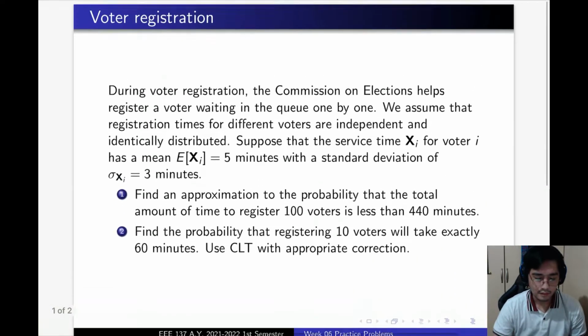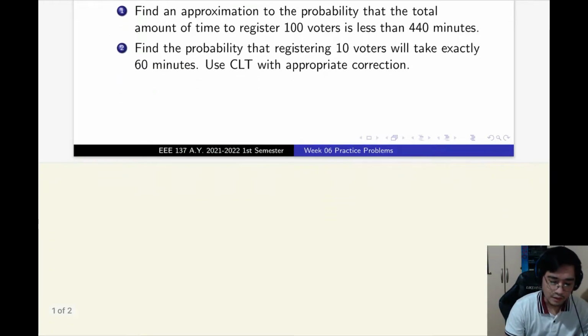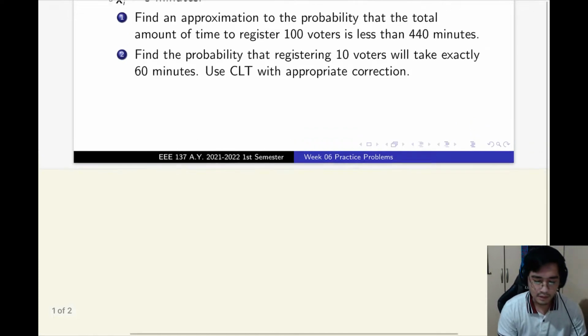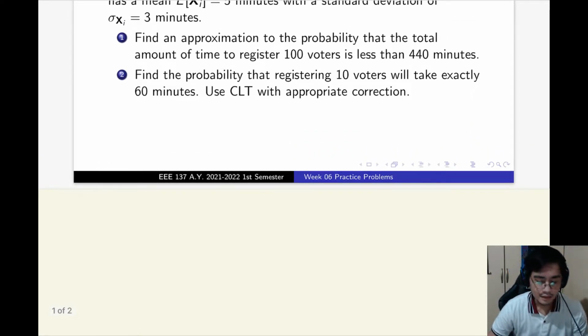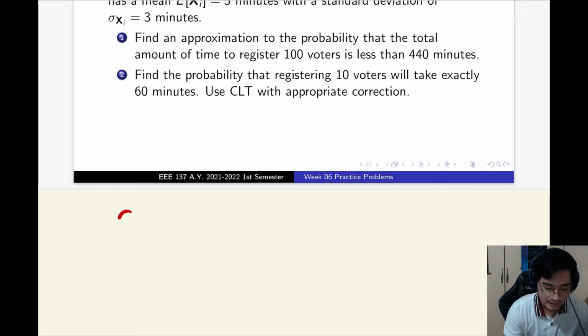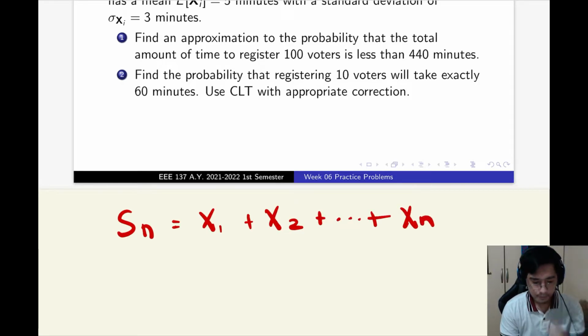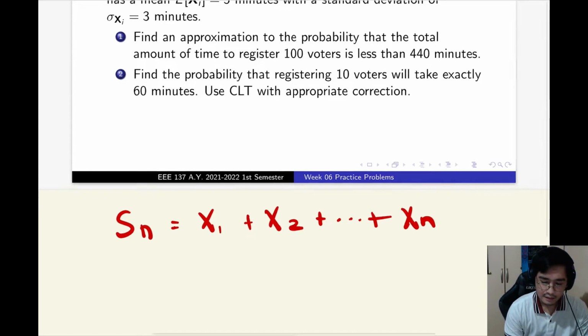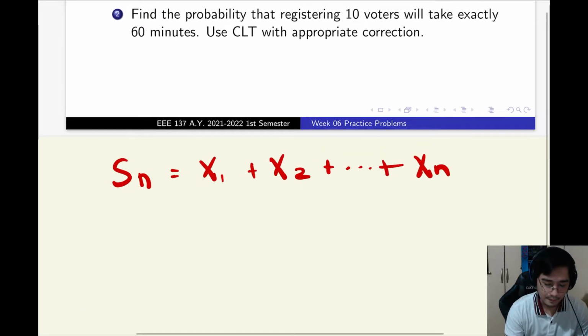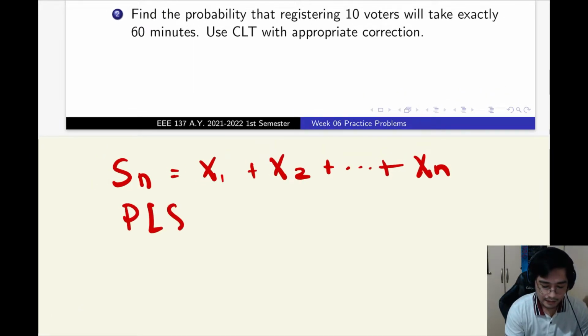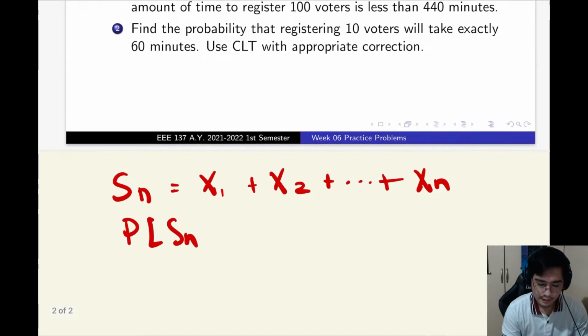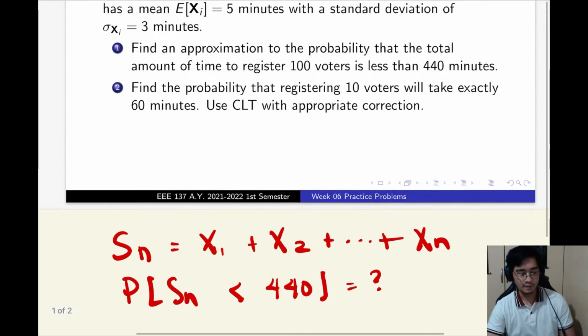For the first problem, we want to get an approximation to the probability that the total amount of time, let's denote that as S_n, which is X_1 plus X_2 plus up to X_n, is less than 440 minutes. That is what we want to obtain for the first problem.